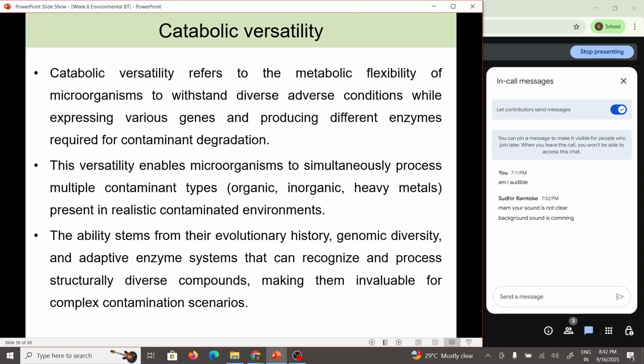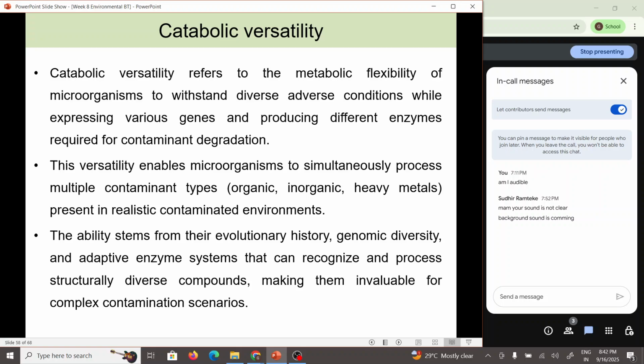As one of the conditions becomes intolerable, the microbe first stops the function of one particular type of gene, further it stops the function of other genes, and when it stops all its functions, it goes to the dormant state, and when it is not at all able to revive the functionality, it goes to a dead state. So this is known as the catabolic versatility, where the flexibility of the microorganism to metabolize depends on the adverse conditions that it is being subjected to.